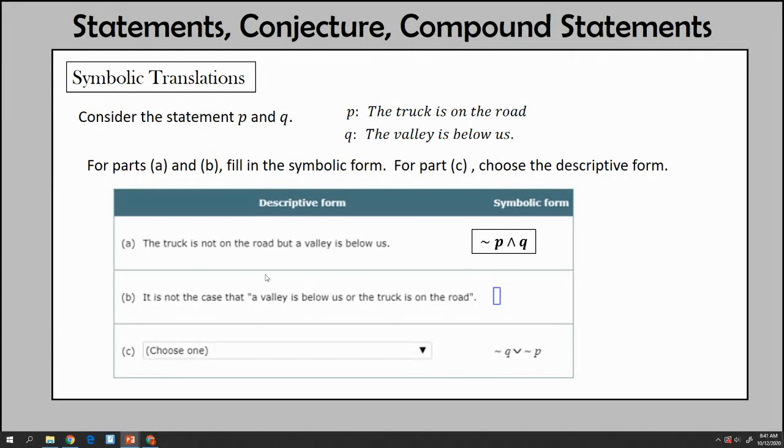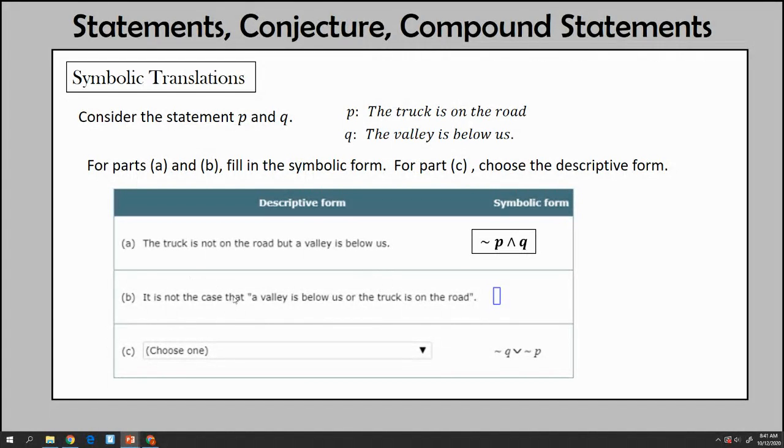Now, B is interesting because this is actually going to force us to group it. It is not the case that, and then in italics here, not italics, what do we call those? Apostrophes. No. Man, I forget what that's called. Anyways, it says a valley is below us or a truck is on the road. So a valley is below us is Q, or the truck is on the road, so that's the V, right?